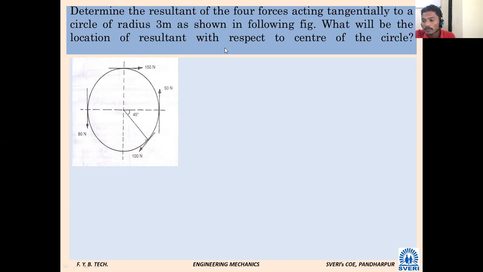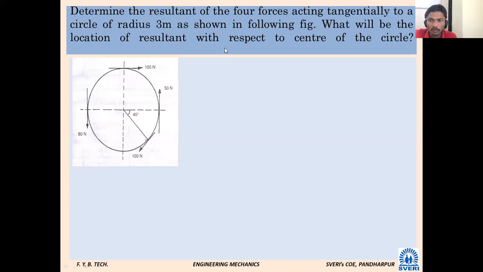How much? 198.49. Hmm. And theta? Sir, I only solved the resultant. Speak loudly. Okay, you have found only the resultant. No issue. Next one.